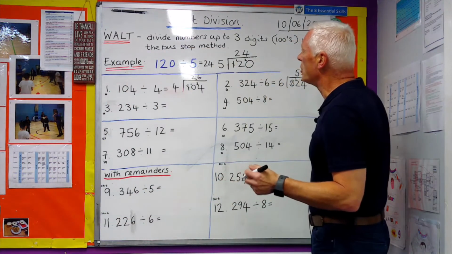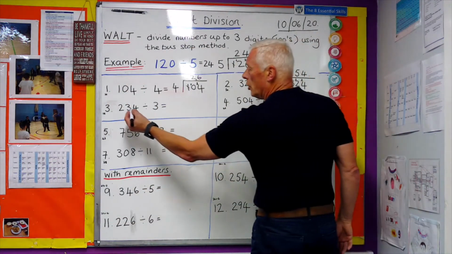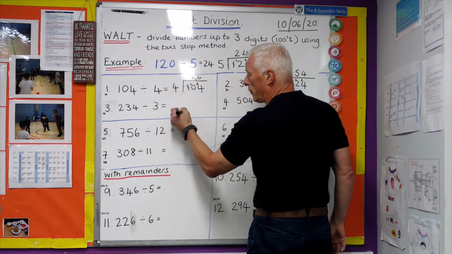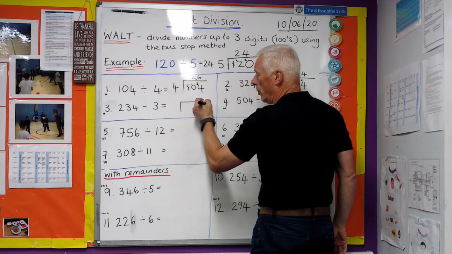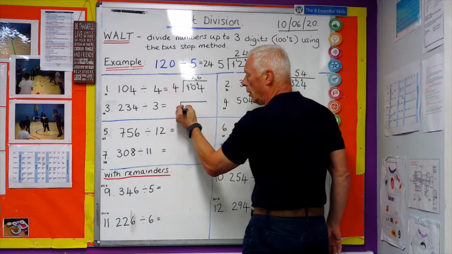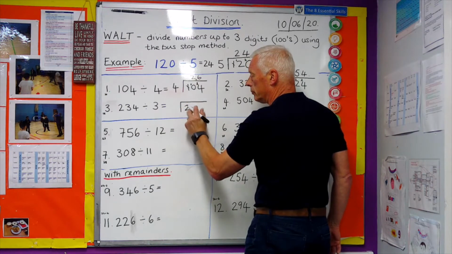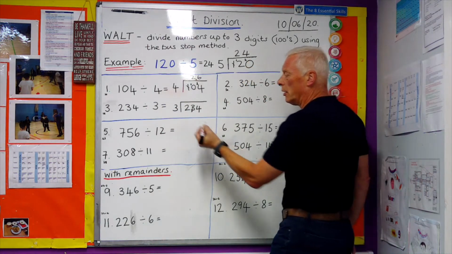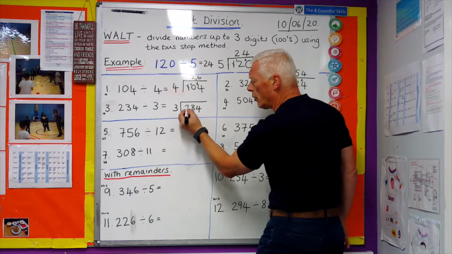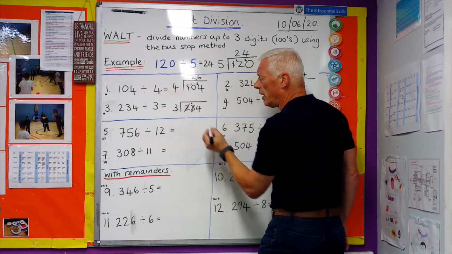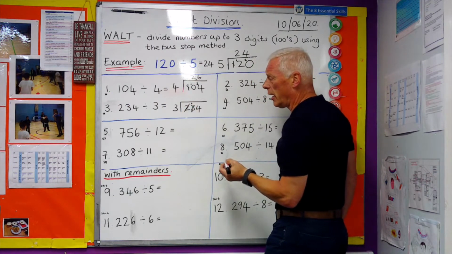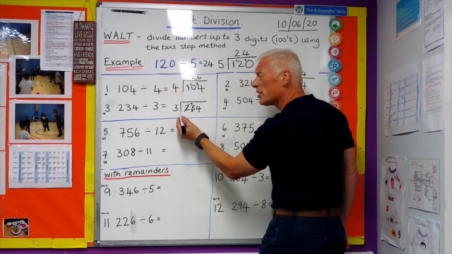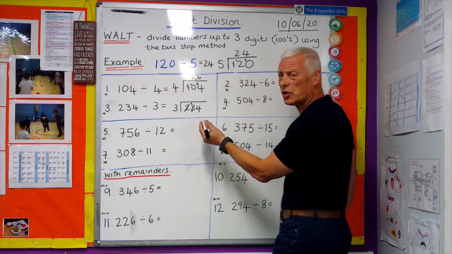Okay, going back to the work, 234 divided by 3. Put your bus stop in, the big number on the outside, little number on the inside. 3 into 2 doesn't go. 3 into 23, okay, well, that'll go 7 times. 7 3s are 21.